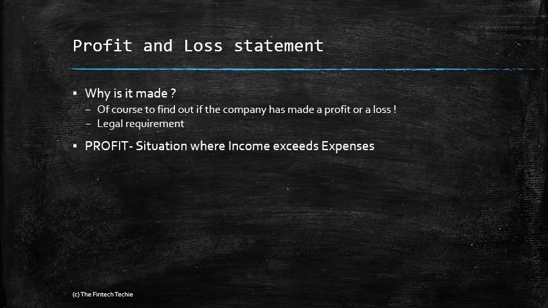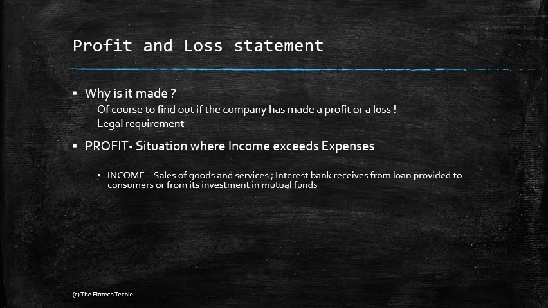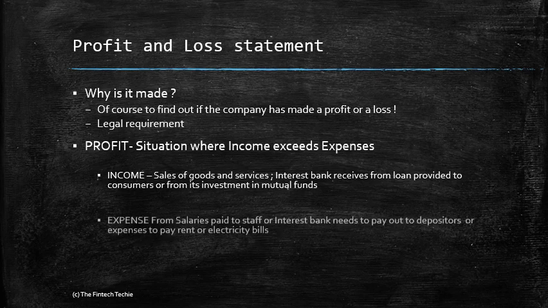So the company generates profit when its income exceeds expense. Now that's simple maths. So we are introduced to two jargons called income and expense, which we anyway use in our daily life. Income comes from the sales of goods and services, or in the context of a commercial bank, it is the interest the bank receives from loans provided to consumers, or maybe from its investment in mutual funds.